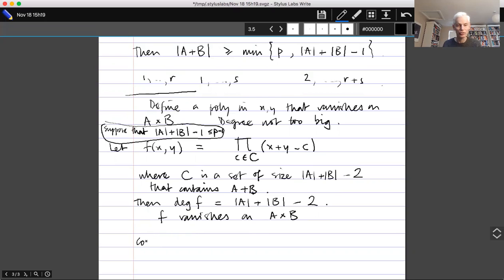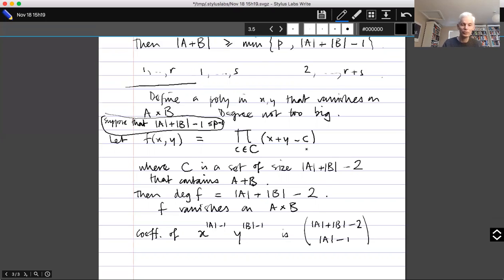So the coefficient of x to the |A|-1, y to the |B|-1 is |A|+|B|-2 choose |A|-1. Think about it, let's expand by the binomial theorem, we get this coefficient.